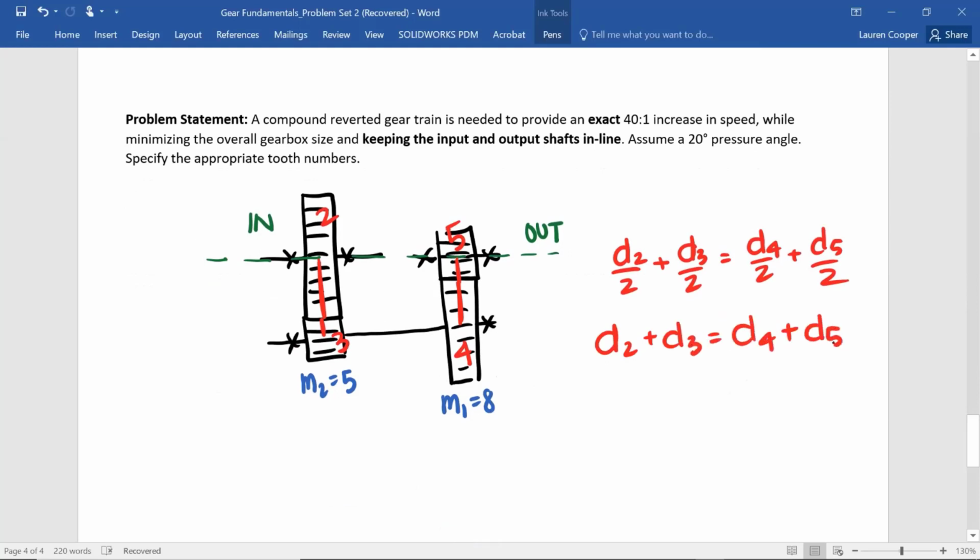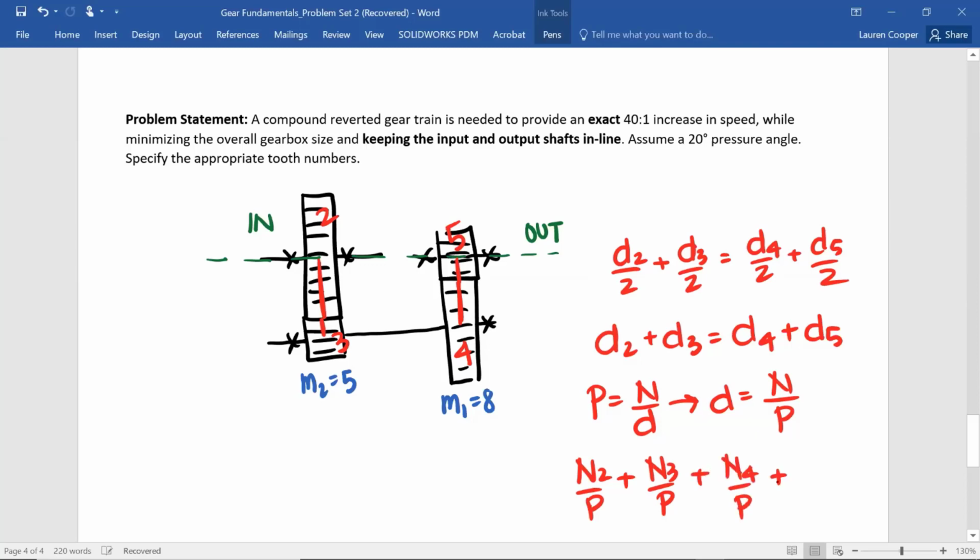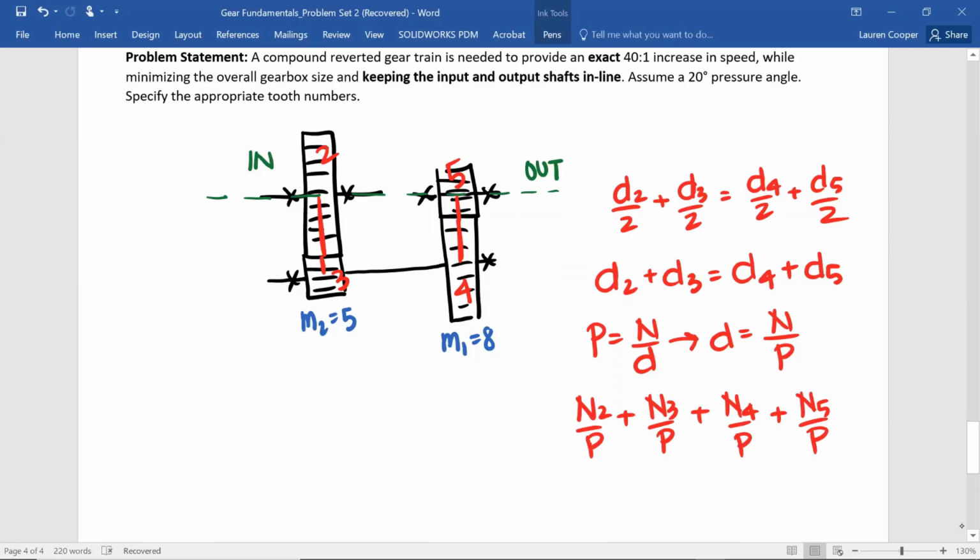Now we don't have the diameters, but we do have this relationship. The diametral pitch is the number of teeth over diameter. And again, we've seen this before, D equals N over P. So we could write N2 over P plus N3 over P equals N4 over P plus N5 over P. Now, the diametral pitch of 2 and 3 definitely has to be the same, and the diametral pitch of 4 and 5 definitely has to be the same, but they don't necessarily have to be the same as each other.